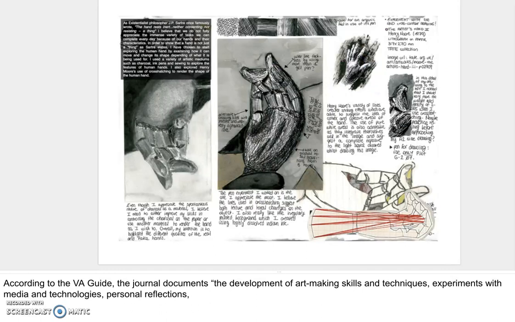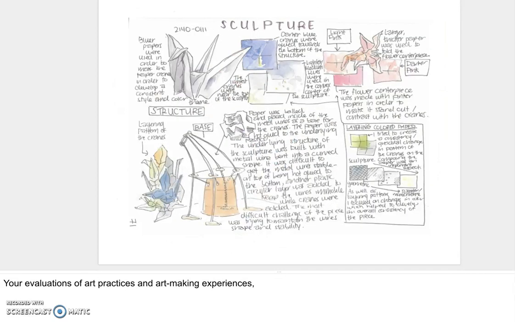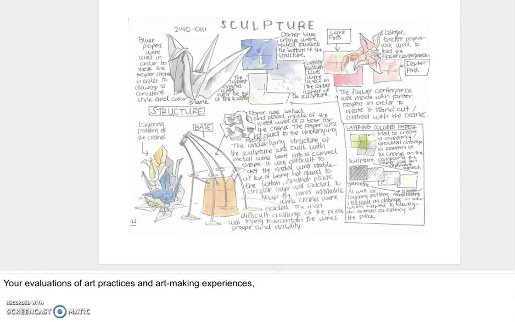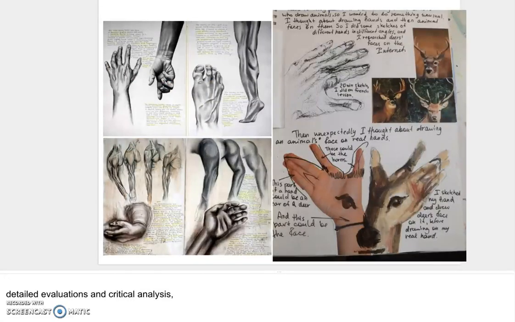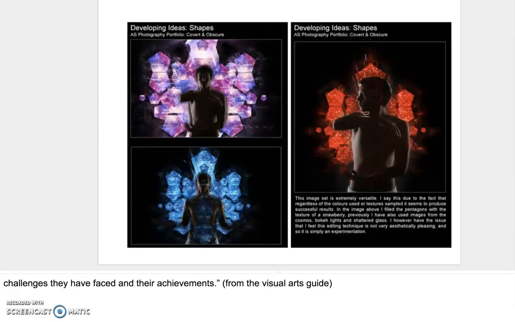According to the Visual Arts Guide from the IB, the journal documents, quote, the development of art-making skills and techniques, experiments with media and technologies, personal reflections, your responses to first-hand observations, creative ideas for exploration and development, your evaluations of art practices and art-making experiences, your responses to diverse stimuli and to artists and their works, detailed evaluations and critical analysis, records of valued feedback received, and challenges you have faced and your achievements.